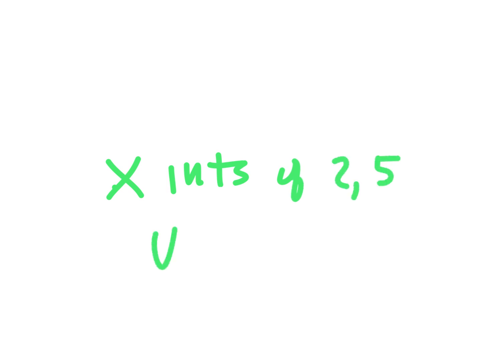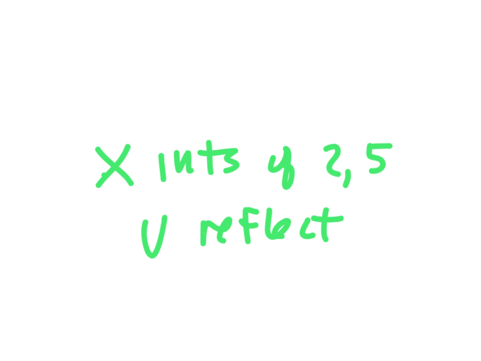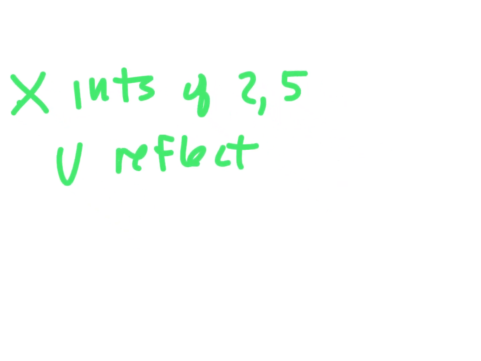What if I said something had x-intercepts of 2 and 5 and a vertical reflect and a vertical stretch of 2.